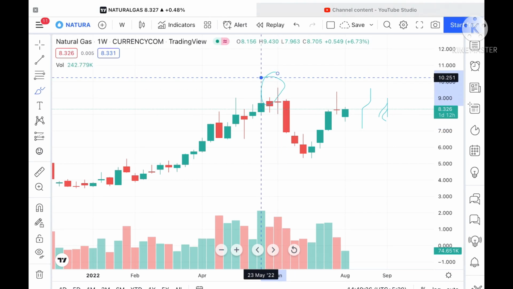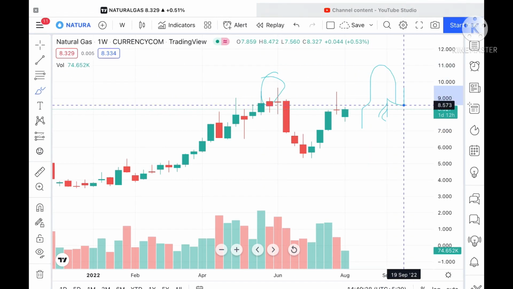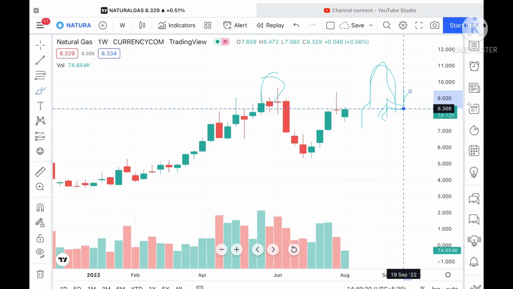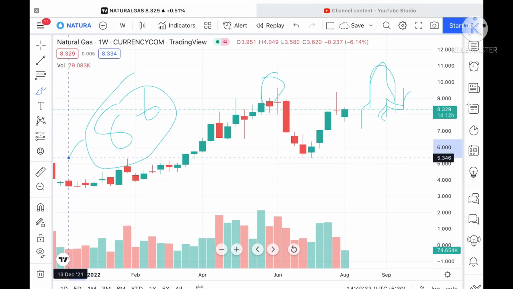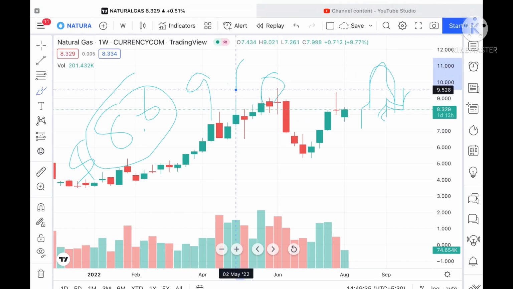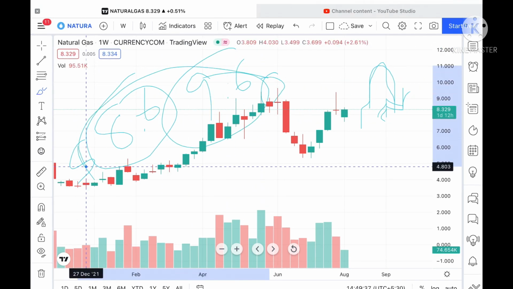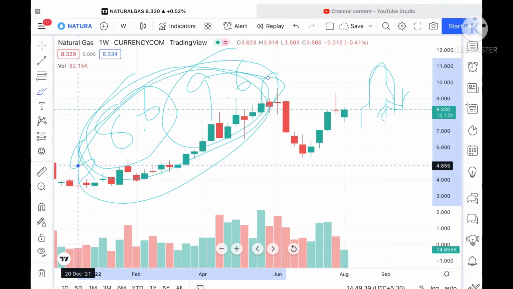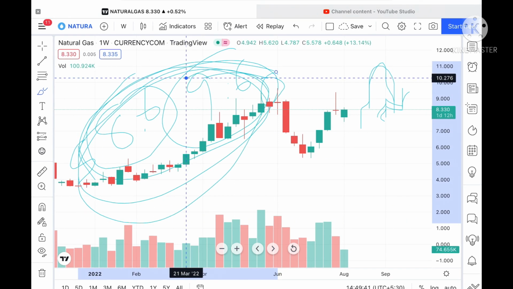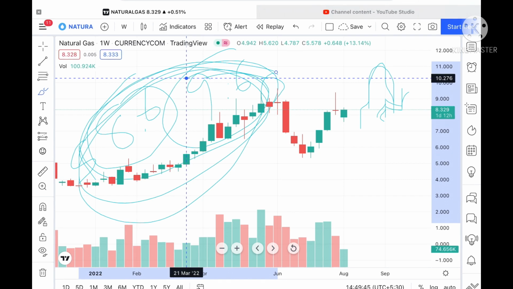This resistance has not been tested twice, so the probability of a bounce back from this level is high. So keep in mind, if it sustains above $8.6, the probability of touching $9.6 is very high, so you will get a profit of $1, because all these resistances are weak, and we can see a further upside movement for natural gas.